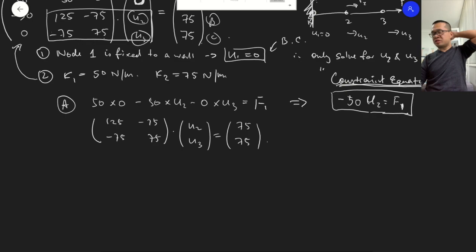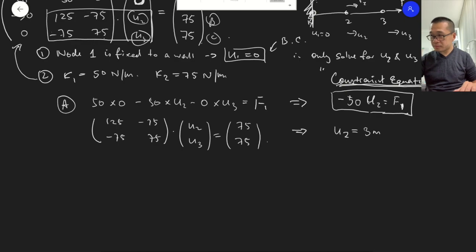This one you can solve from linear algebra. That gives you U2 equal to 3 meters, and U3 equal to 4 meters.